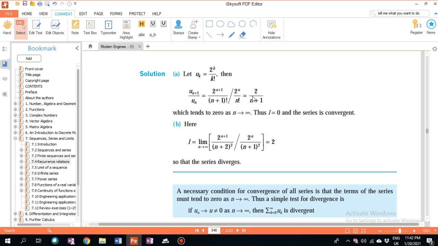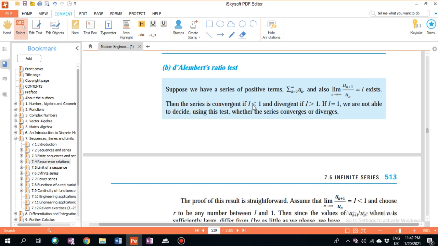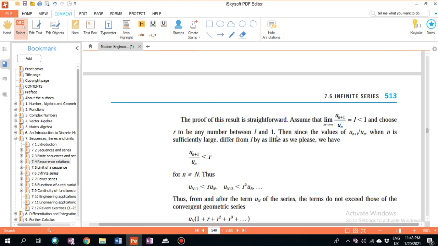So you will get 2 divided by (n+1). So if n approaches infinity, automatically we get L equal to 0. So this one is convergent because it is below than 1.